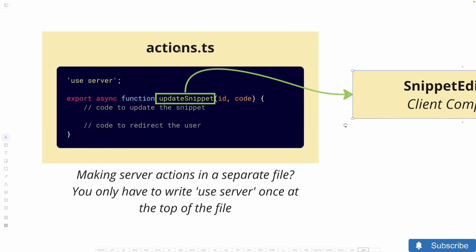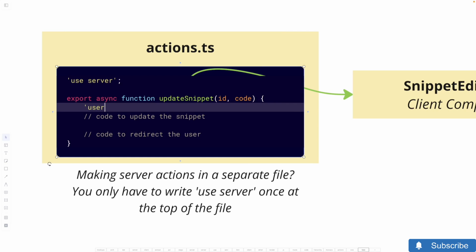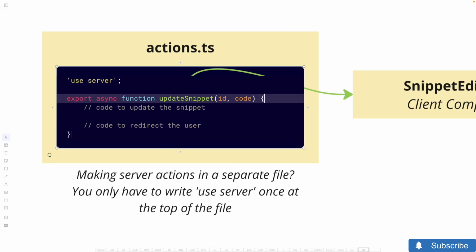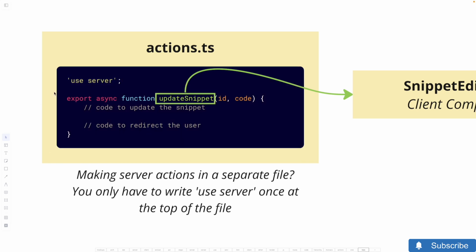When we make a standalone file like this, we don't have to put 'use server' at the top of every individual function we define inside of here. Instead, we can just write out one single 'use server' string at the very top of the file. When we put that in, all the different functions we export from this file will be exported as server actions.